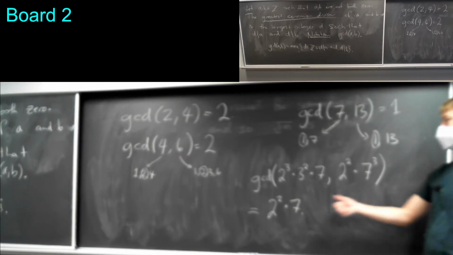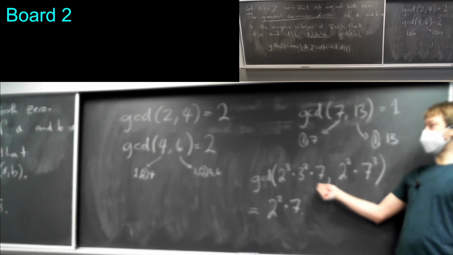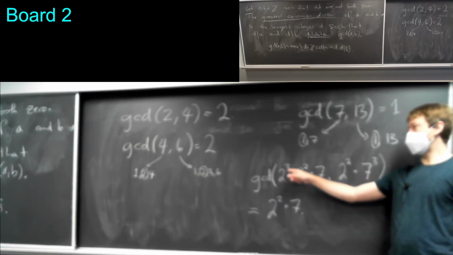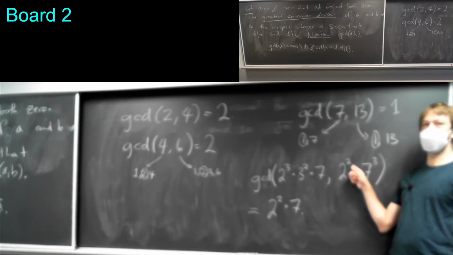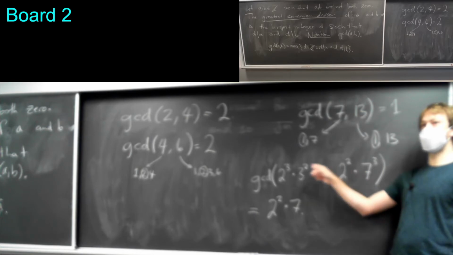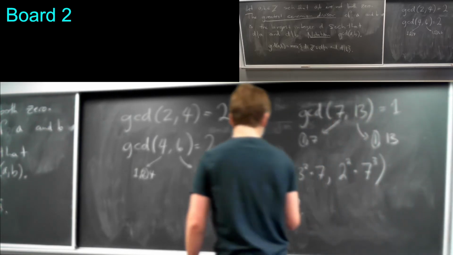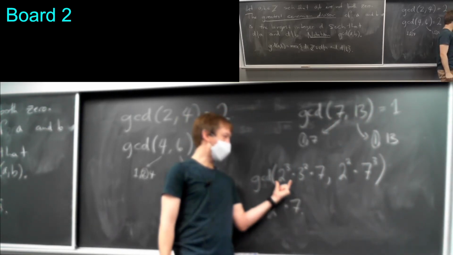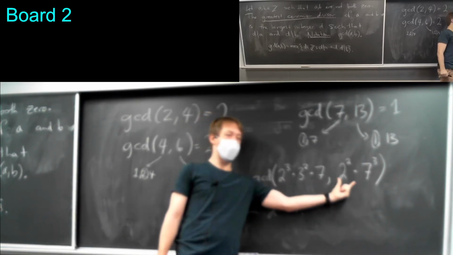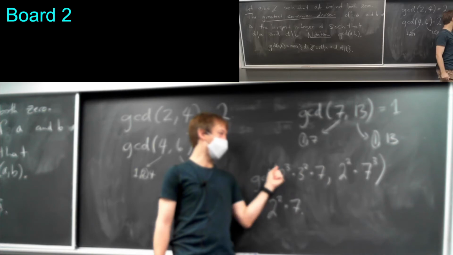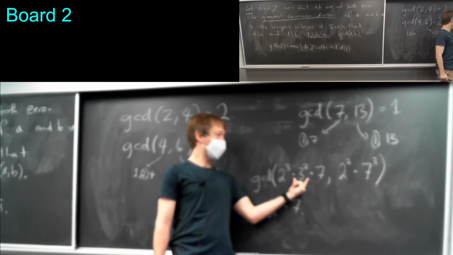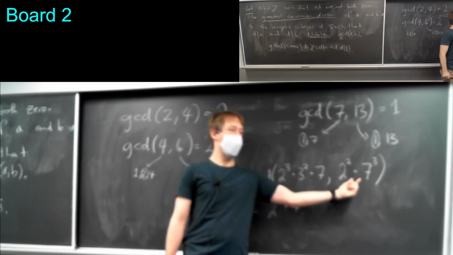If you know the prime factorization, what you can do is go through each prime, look at the exponent, and take the smallest exponent. This one has 2 with an exponent of 3. That one has 2 with an exponent of 2. 2 is the smaller number. This one has 3 with an exponent of 2.